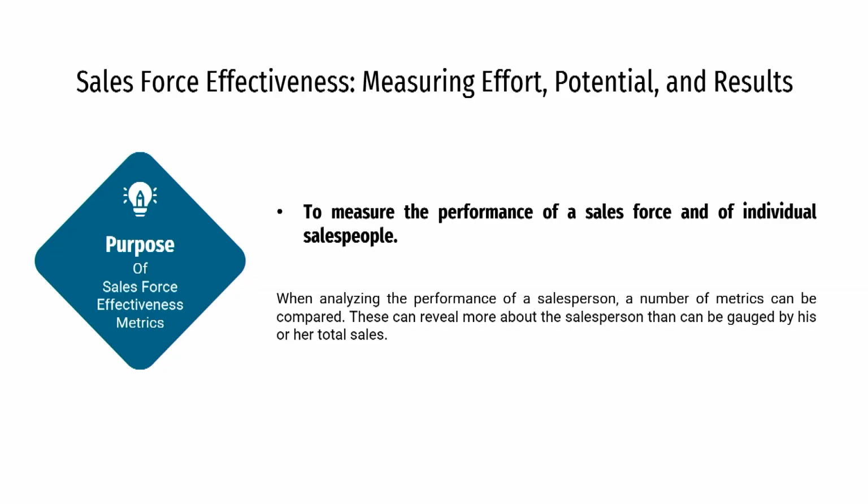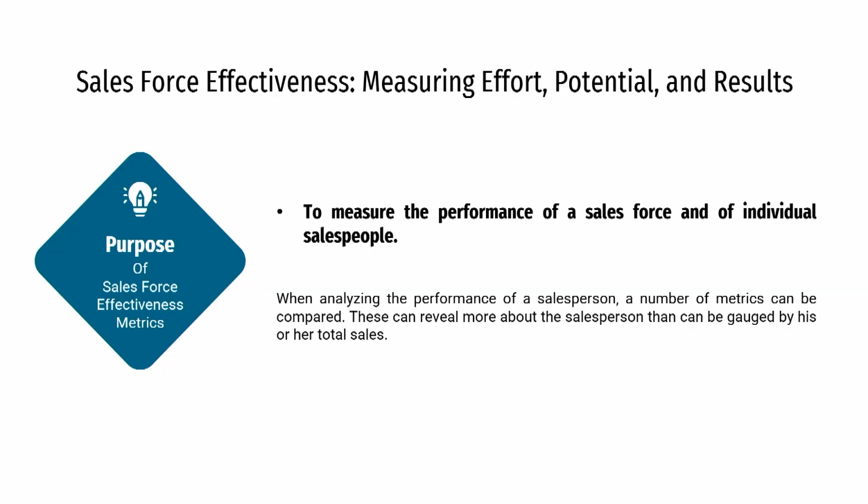So, those factors need to be accounted for in evaluating the performance of a salesperson. So, I am re-emphasizing that it is not only about the revenue generated. Of course, revenue generated is one of the most significant parameters of evaluating a salesperson, but it is not the only parameter. Now, look at the purpose of the sales force effectiveness matrix.